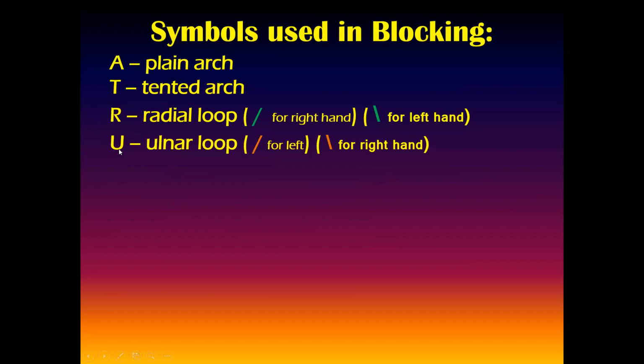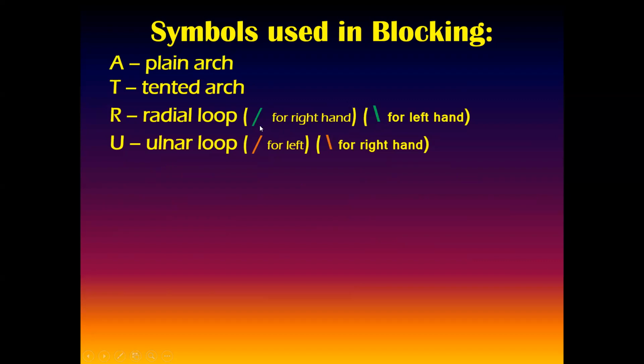However, if they appear in your other fingers, including your thumb, you use either the left slant or the right slant, simply following the direction of the flow of the looping ridges.